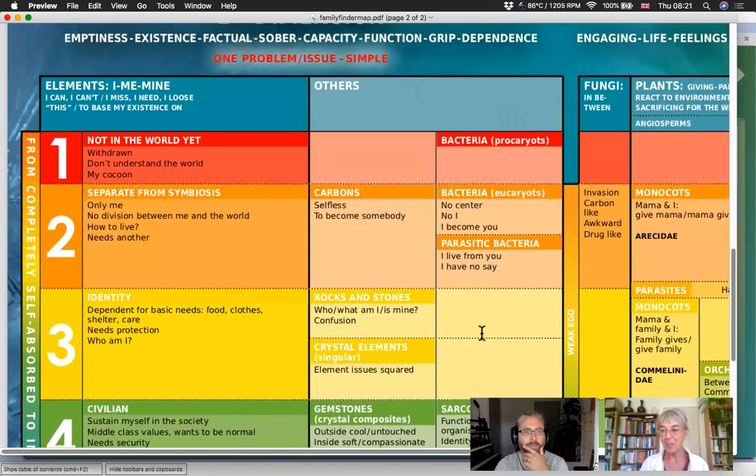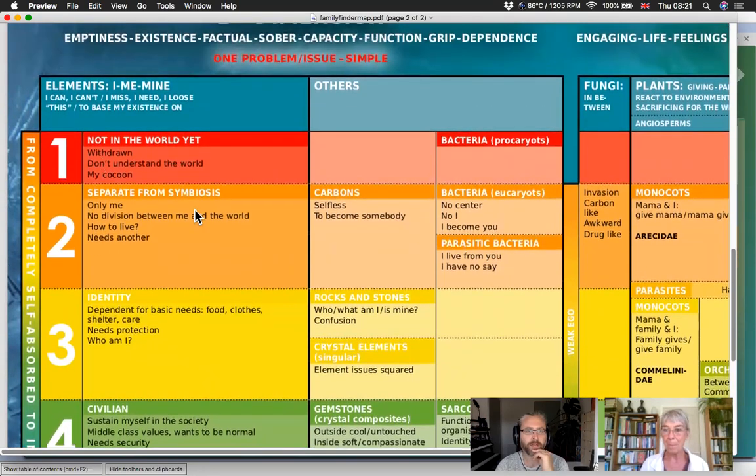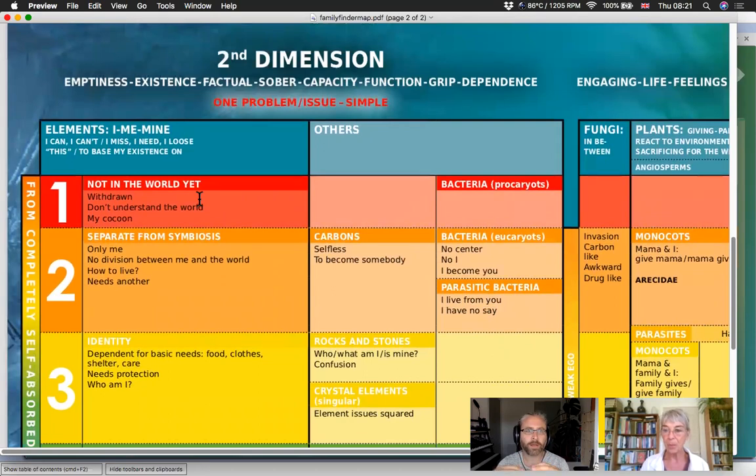Could you say a little bit more about using the rows of the periodic table and how you see, like, when somebody is presenting their case in a 2-dimensional way as opposed to a 3-dimensional way? Well, yeah, the 2-dimensional way is, you could say, a more simple case, and I'm repeating this again and again.